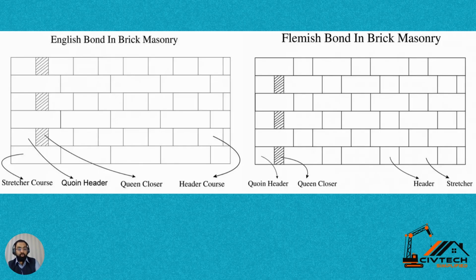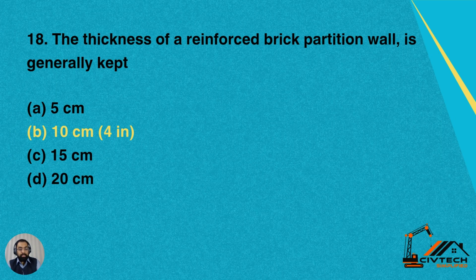So queen closer is provided at the start after every header. But in the English bond, you can see it's a complete stretcher, so it's not as compact as Flemish bond.